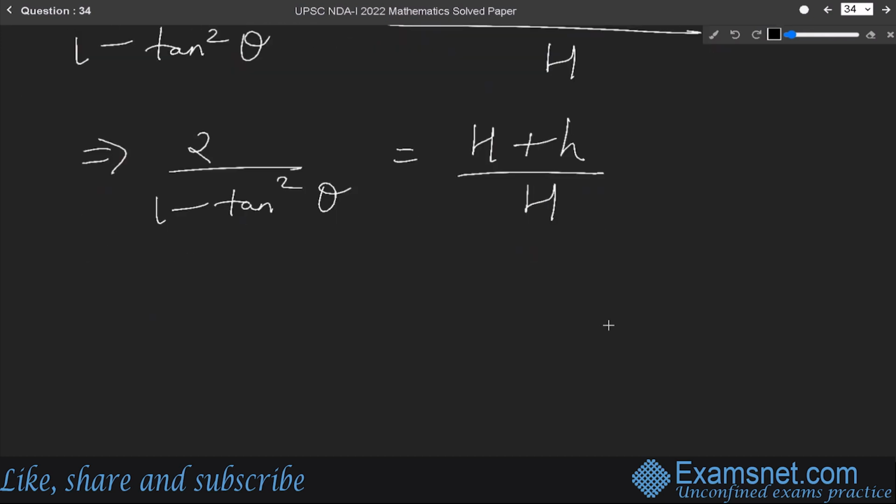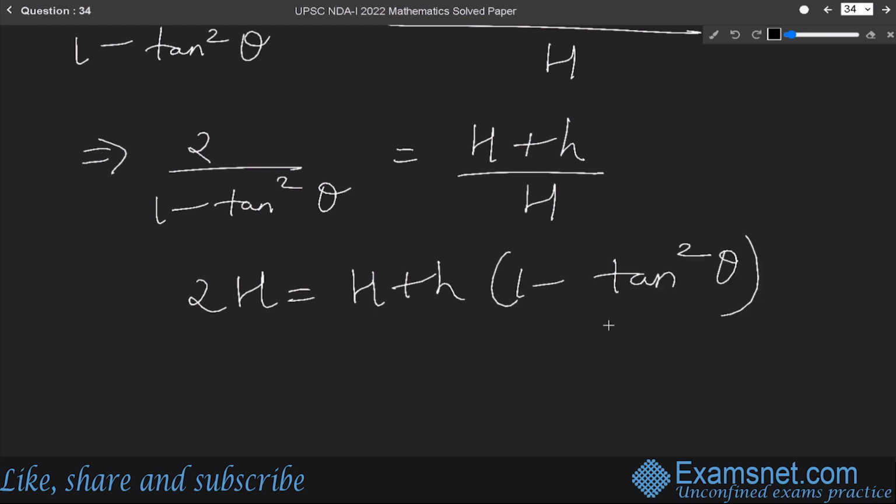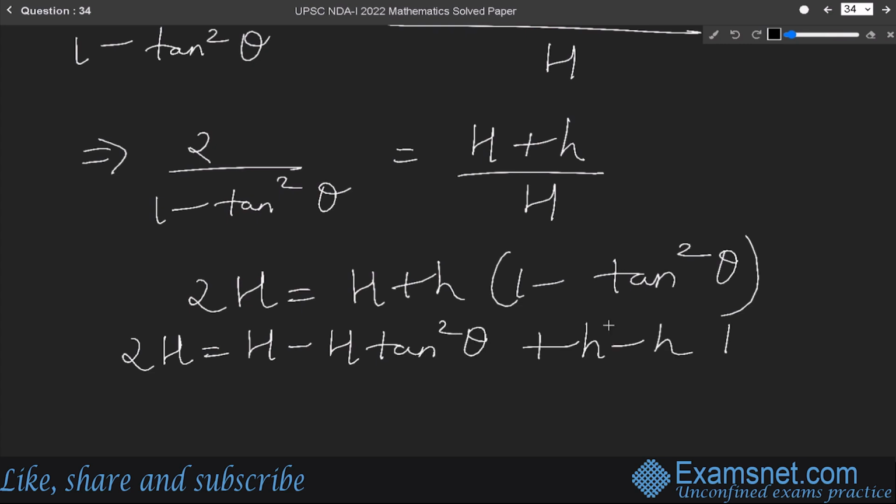Further cross multiplying, we will get 2h is equal to h plus h into 1 minus tan square theta. Now further solving, we get 2h is equal to h minus h tan square theta plus h minus h tan square theta.